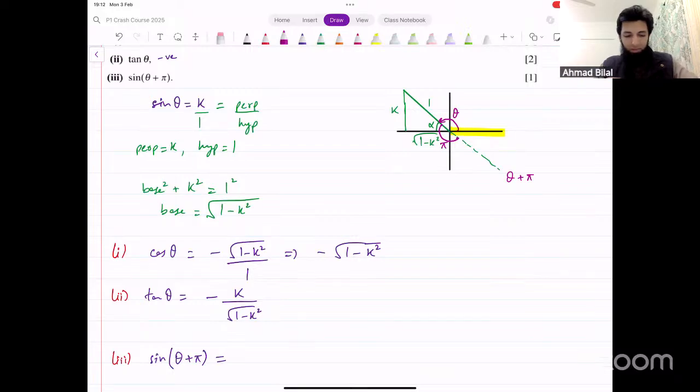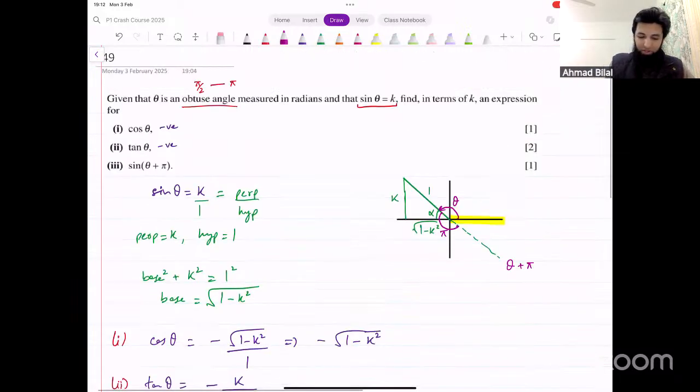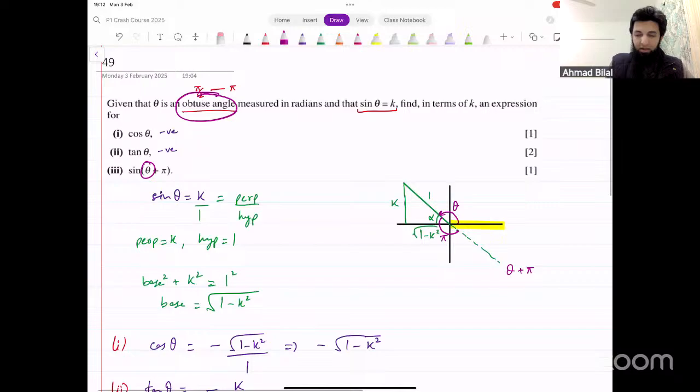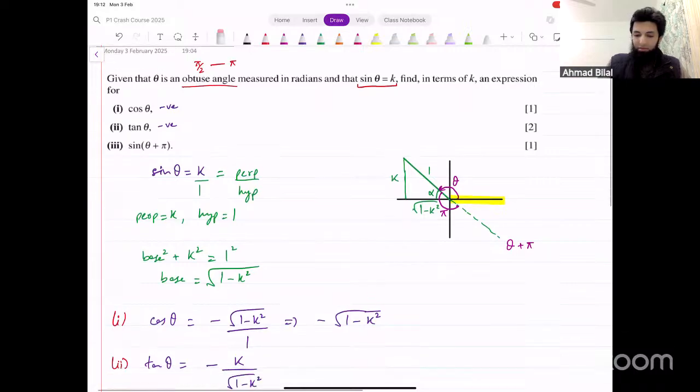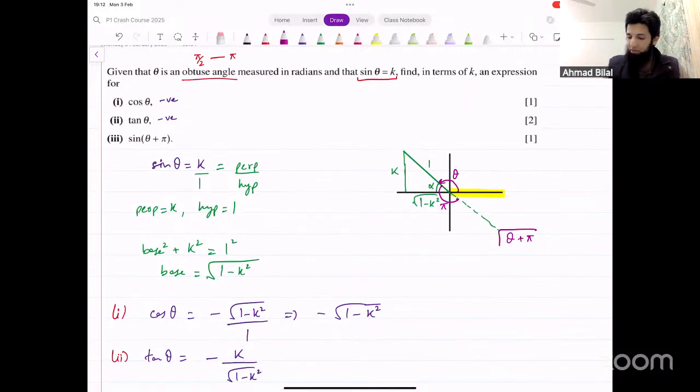This here would be theta plus pi because theta was obtuse in the second quadrant. No, they're not talking about the basic angle. Theta is an obtuse angle, right? That's this angle theta outside. You add pi more to that. That will take you to the fourth quadrant. When you go to the fourth quadrant now, you notice the basic angle here is still going to be the same because these are now vertically opposite angles.